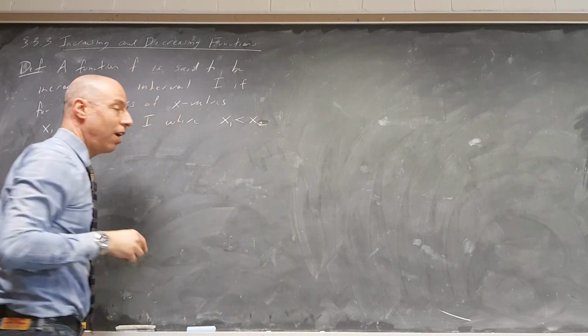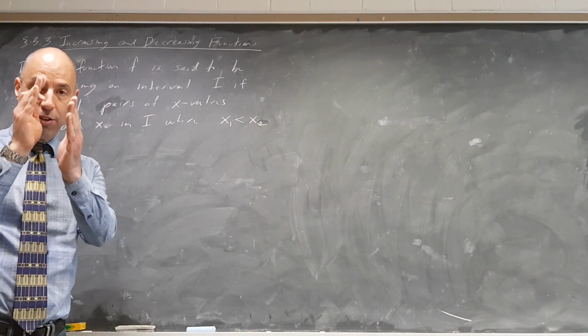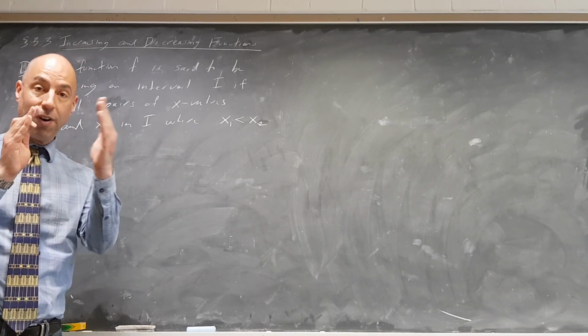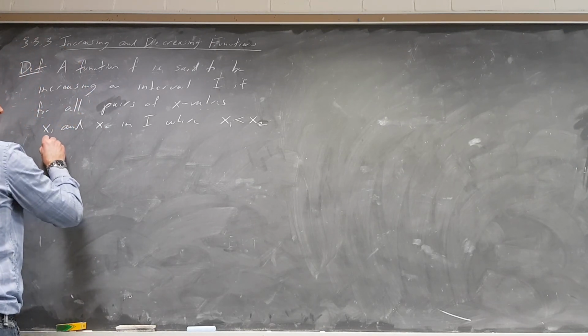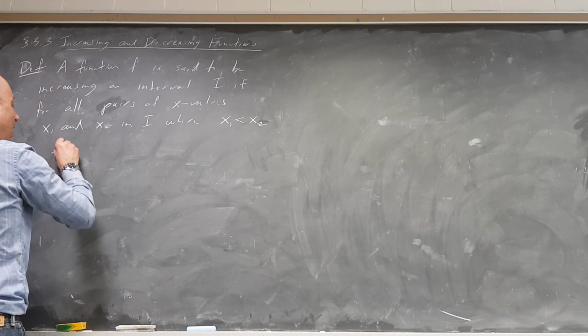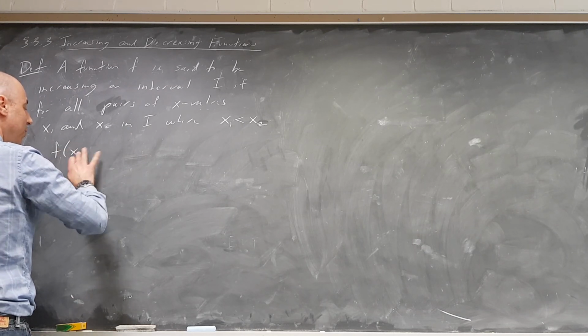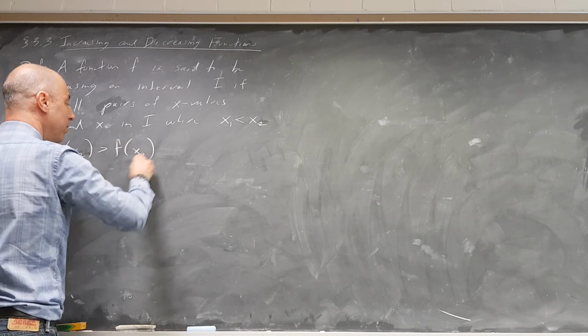I don't mean the left and the right of the interval. I mean, if you were to compare them, the two points x1 and x2, x2 is farther to the right than x1 is. Then f of x2 is at least as big as f of x1.